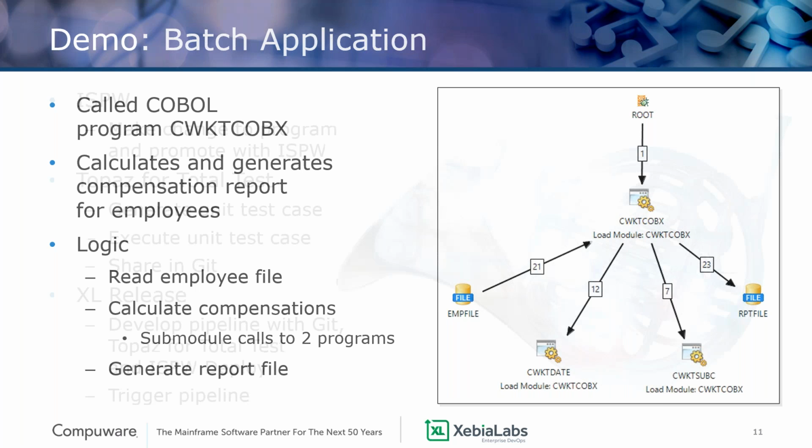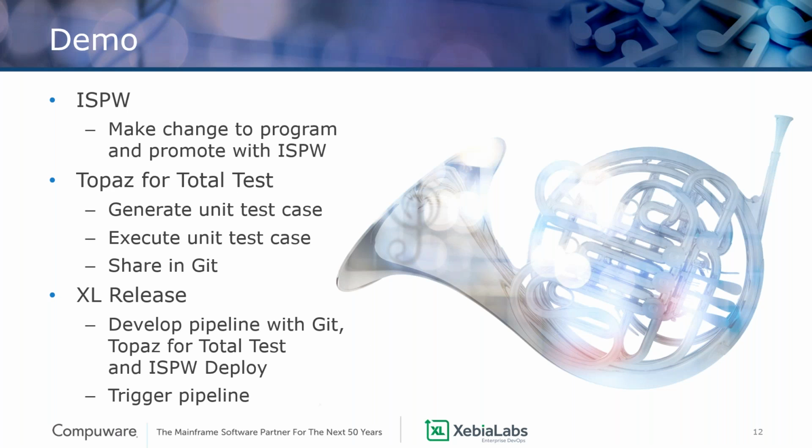Next. So what we're going to do is start by having Mark show how he can make a change to the program inside Topaz, Compuware's IDE for developing mainframe code. Then he will commit the change into ISPW. Then we will see how Topaz for Total Test works.